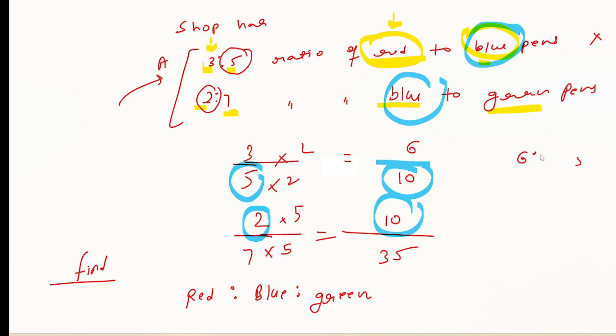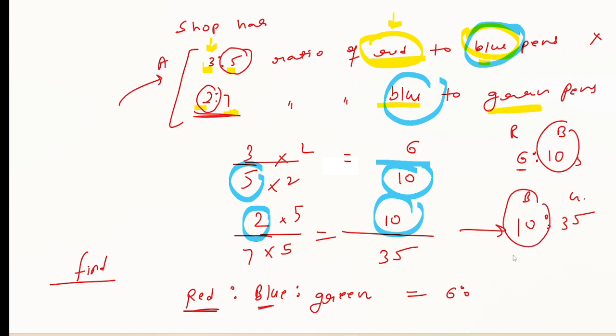In place of 3 to 5, we have got 6 to 10, 6 ratio 10. For 2 and 7, we have got a new ratio which is 10 to 35. So this is red, this is blue, this is blue, this is green, right? So in place of red I will write 6. Then blue is 10 and 10. See, we have the same blue. So that's why we can write only one term.